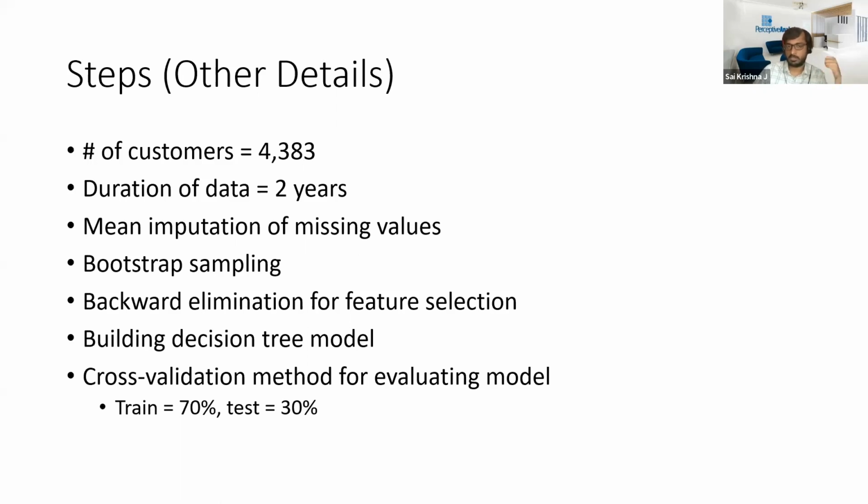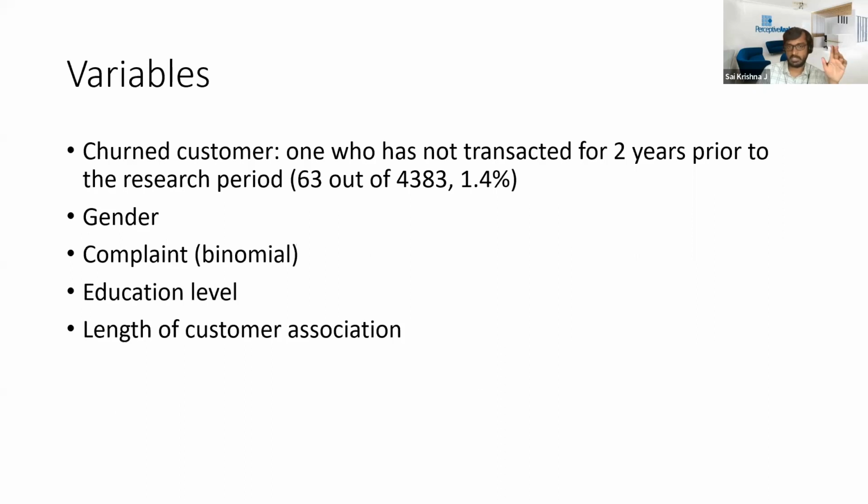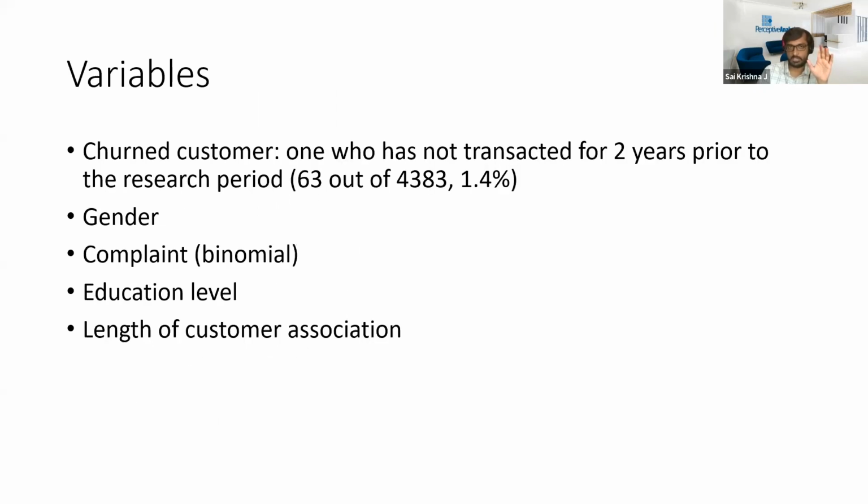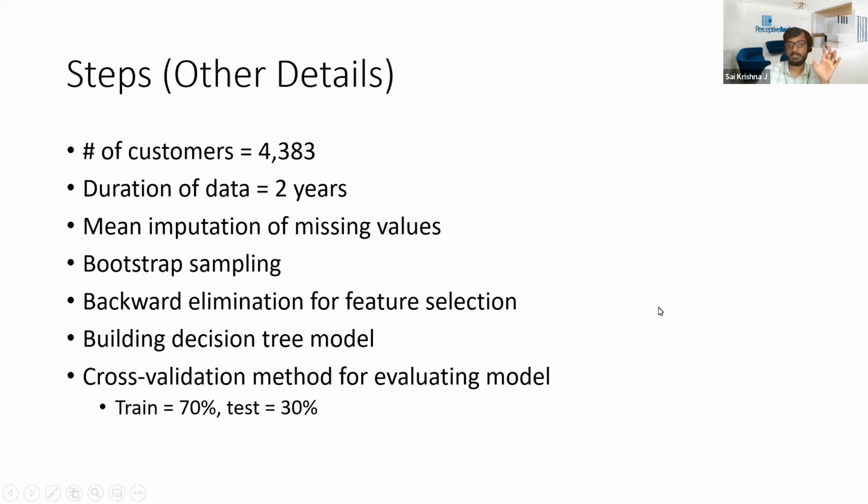So you specify the number of samples that you have to take. You have like 4,383 observations, right? And out of these 4,383, 63 are the churned customers. So you take a specified number of customers from the remaining non-churned customers as a sample, okay?